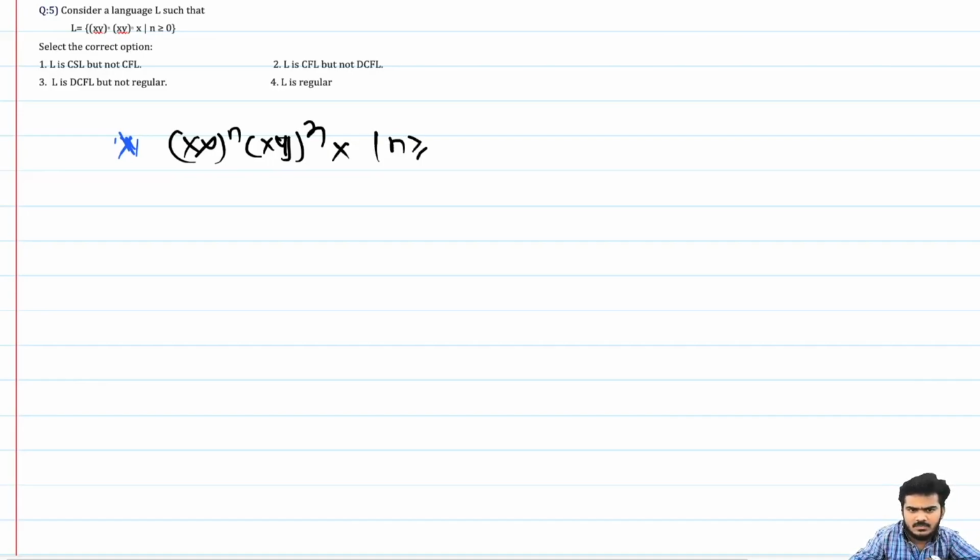So the same language can be written like this: x y raised to power 2n, and this x as it is, where n is greater than or equal to 0. Okay, meaning n can be 0 also.